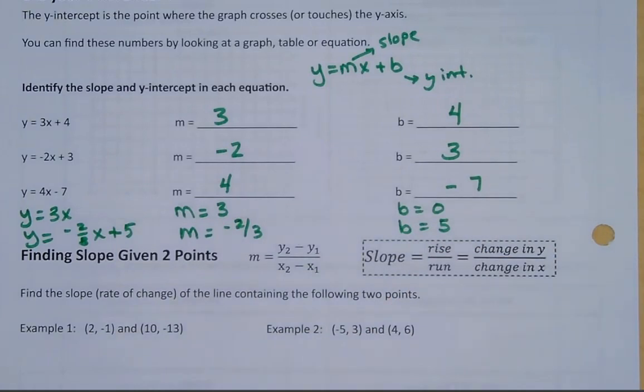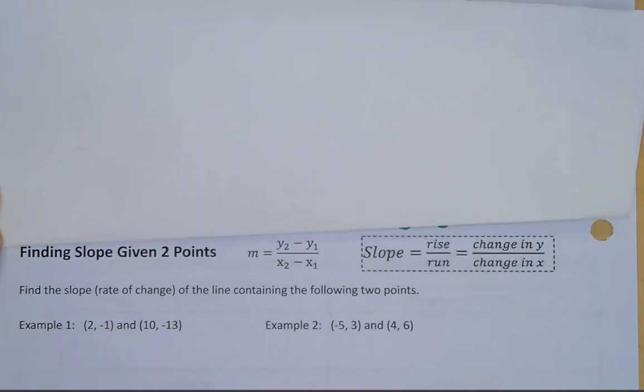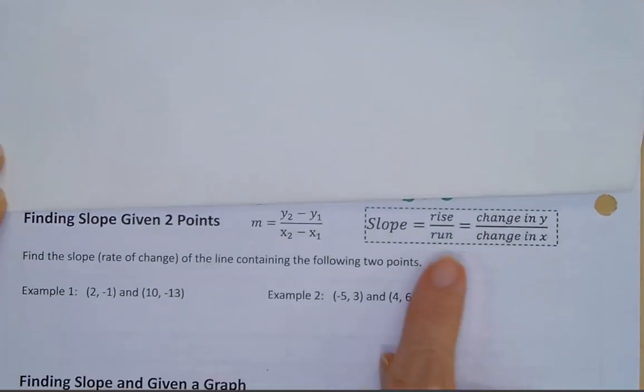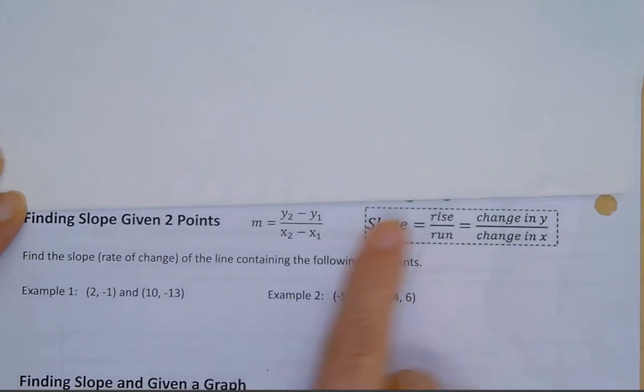All right, so the next thing we want to do is think about finding slope given 2 points. You may not have had a lot of practice on this, but hopefully this will remind you enough that you'll feel comfortable. I'm going to use the equation that I've got right here.